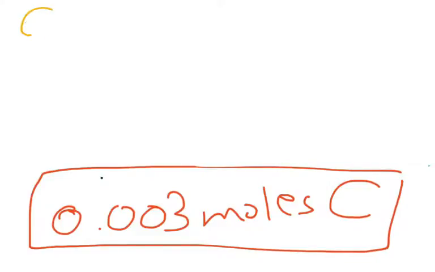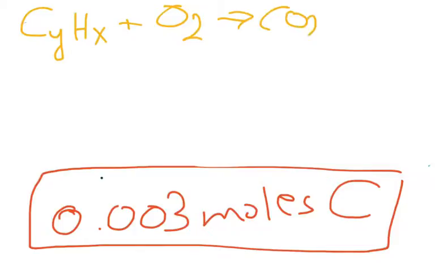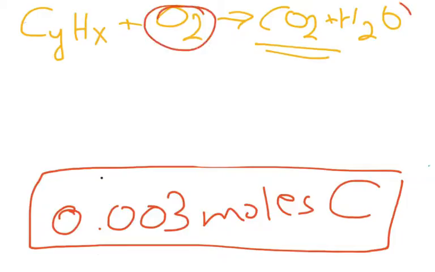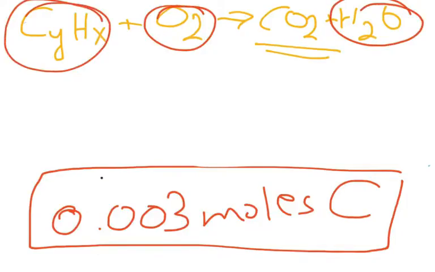That would be CXHY plus O2, going to CO2 and H2O. We can't do anything with the 0.003 moles, right? There's nothing we can do. We don't know the amount of oxygen. We don't know how much liquid we have. We don't know even this.